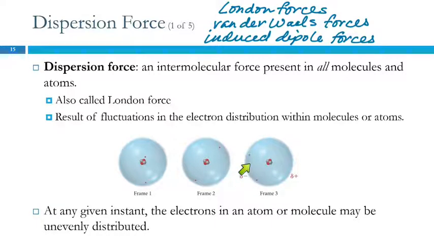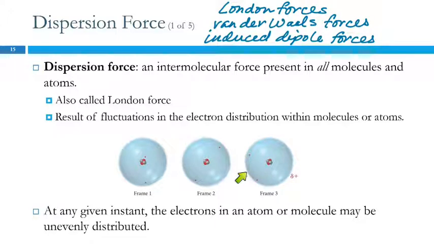So if both of the electrons in this atom are on one side of the nucleus, that's going to cause an imbalance in the charge, because we have all the negative charges on this side, and we have this positive nucleus exposed on the other side. And so just like with polar bonds, where there's an unequal sharing of electrons, we can end up with a polar atom or a polar molecule.